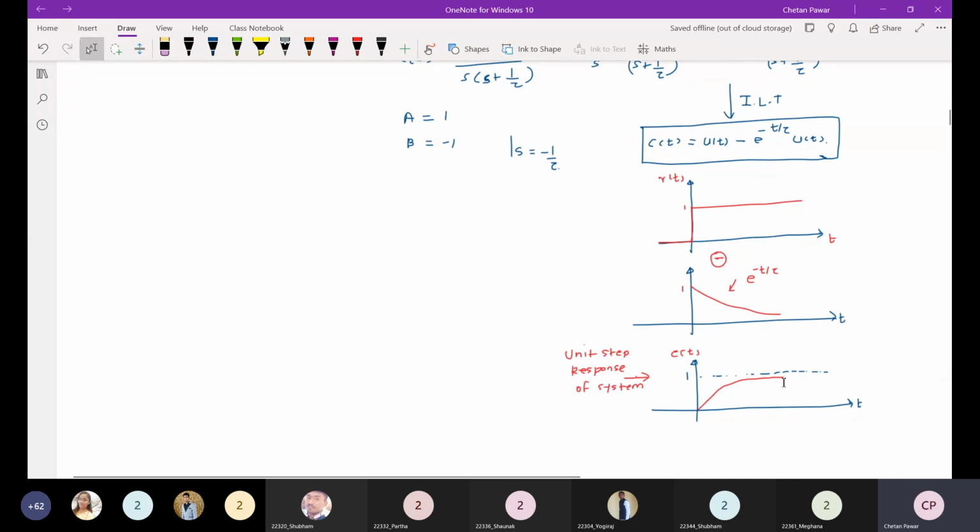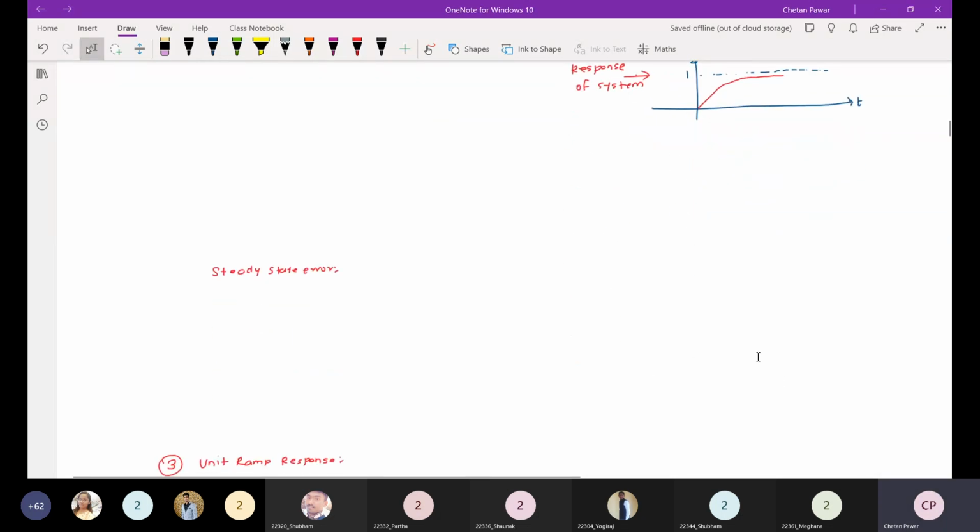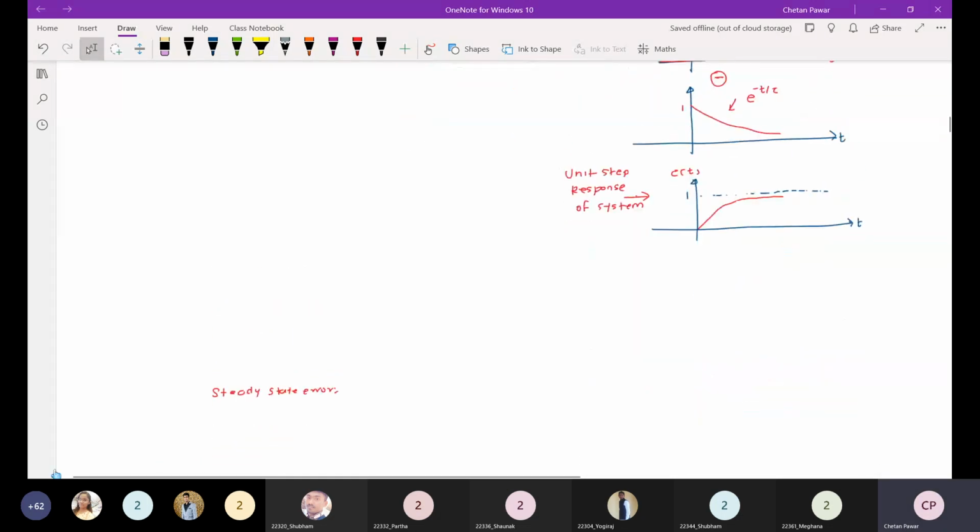So what is the steady state error here? Anyone? How many of you are following this? Just raise your hand.